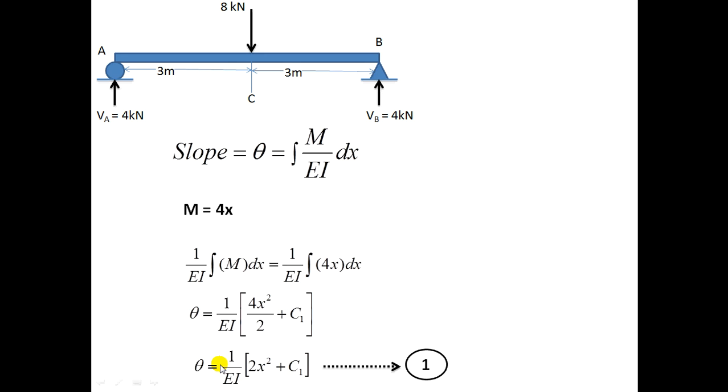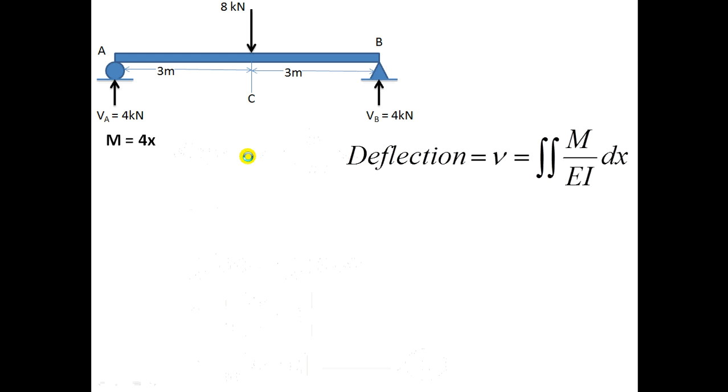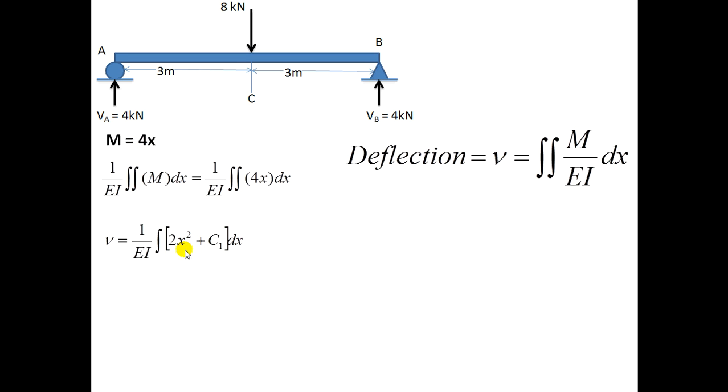This equation can be used for finding the slope, and for finding the deflection I will take the double integration. Its first integration is 2x square plus c1, as I have done in the last slide, and I apply the integration over here and the integration for the c1.